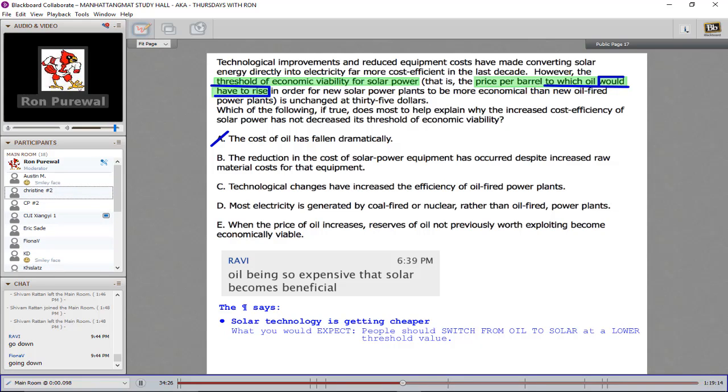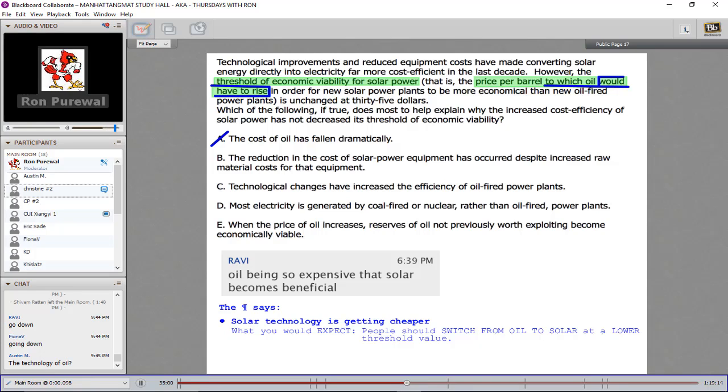What's the only way that this could not happen? What's the only other variable that plays into this? Yeah, it has to be the technology of the oil, right? Because threshold value is stated in terms of just oil prices.